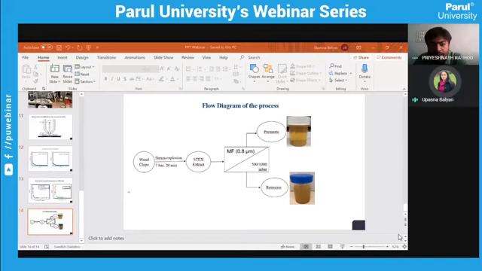When we are talking about membrane fouling, it is generally focused on ultrafiltration, microfiltration, and nanofiltration. Because reverse osmosis and dialysis generally work on very, very high pressures. So in that case, you cannot afford that pump. Industries also cannot afford that pump.